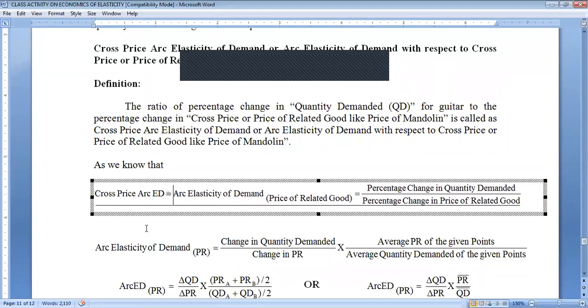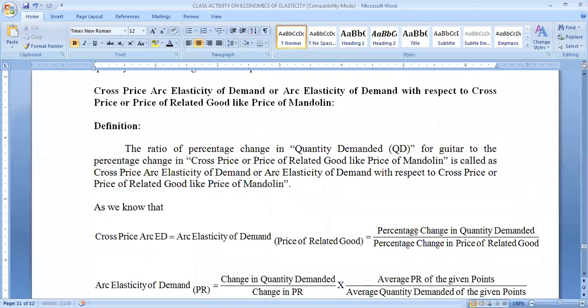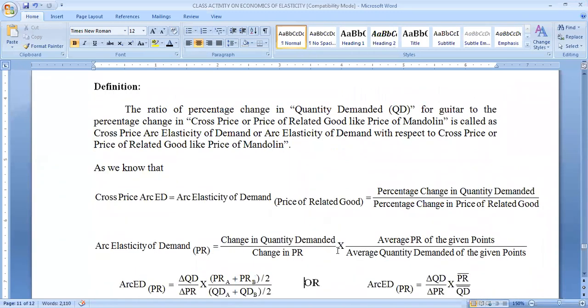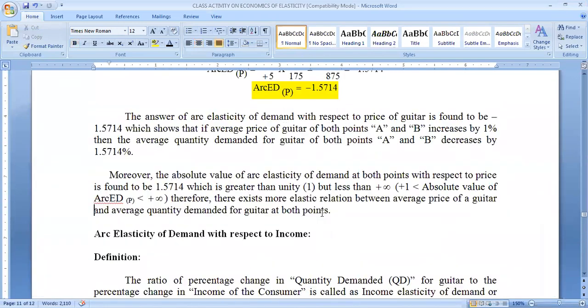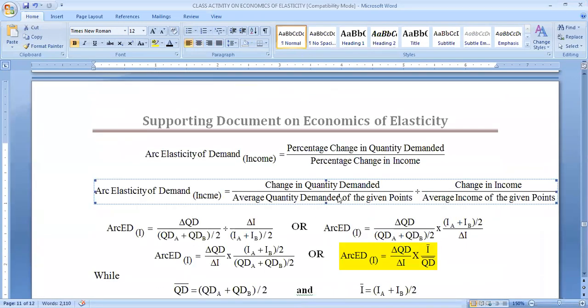Or arc elasticity of demand with respect to price of related good equals percentage change in quantity demanded divided by percentage change in price of related good, right? So how do we need to write this formula? Let me copy some information from this formula.